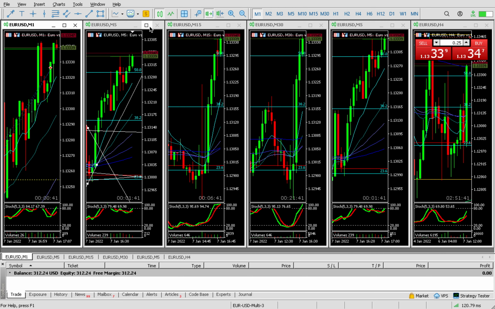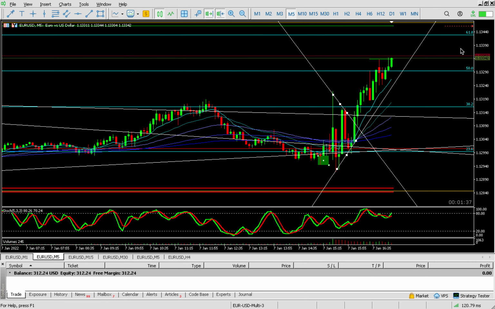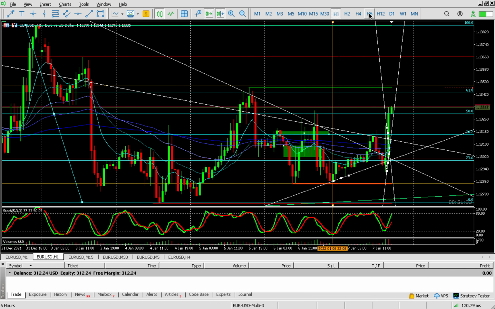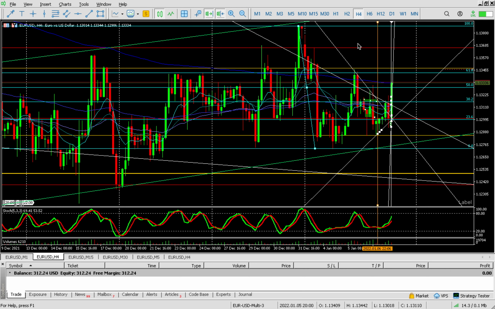But something to note here also is we're getting close to the 61.8 pullback level of this downtrend here. I say downtrend because it was making lower highs. Boom, boom, boom.